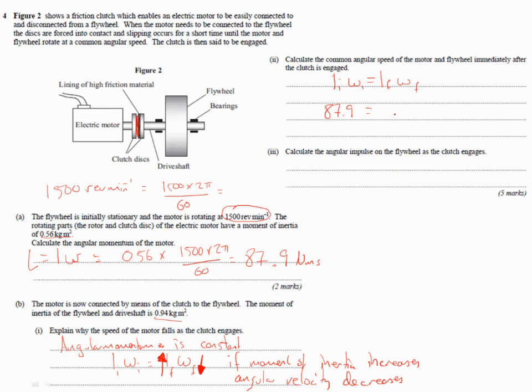The final moment of inertia is 0.94 plus 0.56, because the flywheel and the drive shaft, this bit here is 0.94, and we already knew what this was. This was 0.56. Now it's joined together. It's one big unit times the final angular velocity, which gives us 58.6 radians per second.